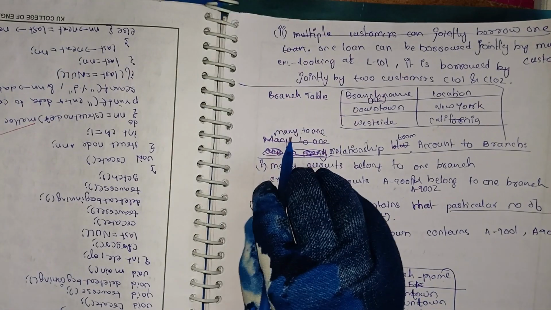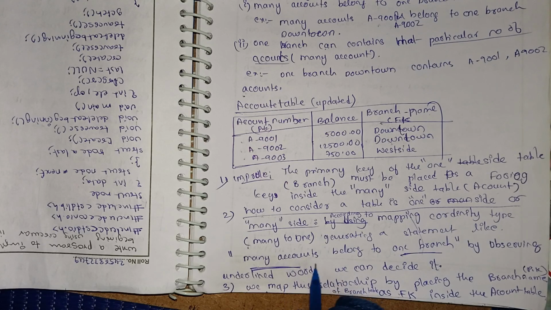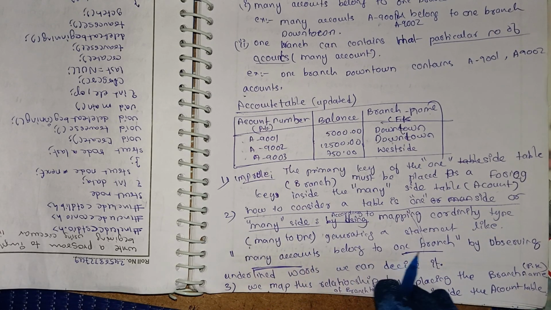Here the first word is what? Many, and the second word is one. So in the statement also we have to write in that same order. So many accounts belong to one branch.